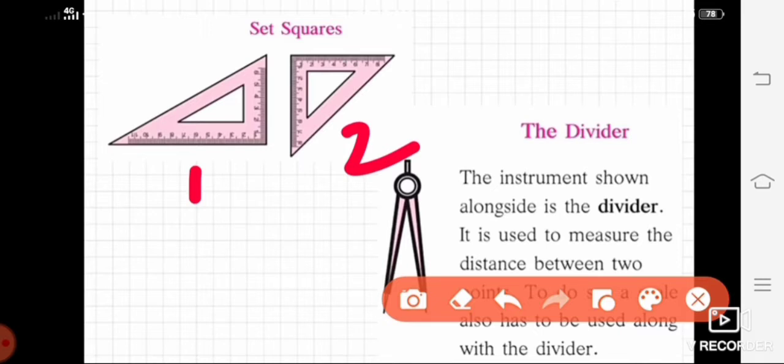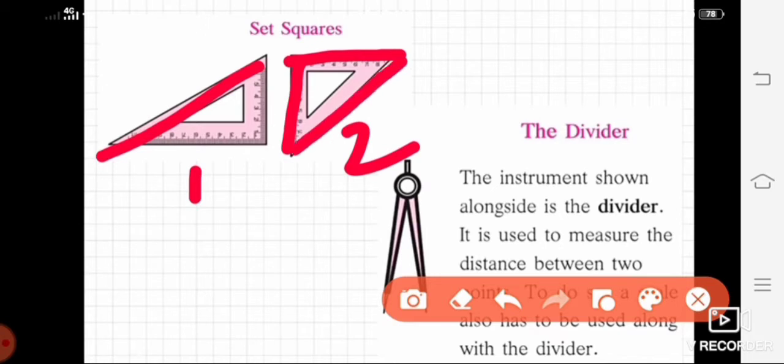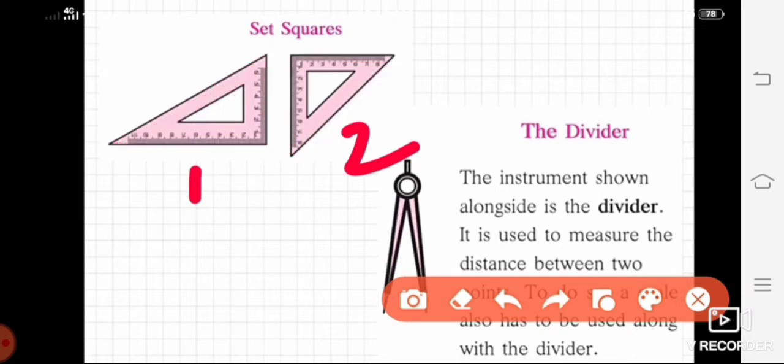Did you see any change in the shape? See, this one is a little bit long. And in this one two sides we can see are equal, this and this side are equal, and then we are joining it. But here if you see, all these three sides are different. Yes or no?